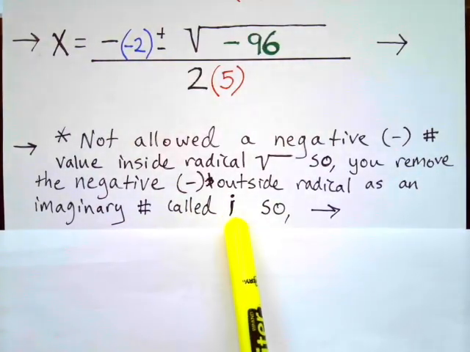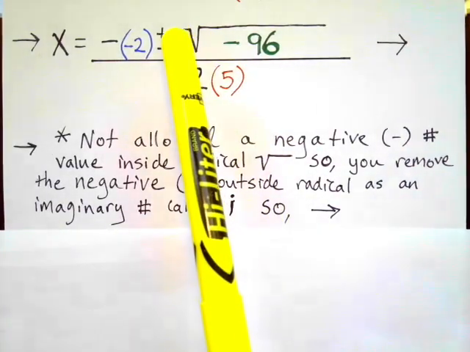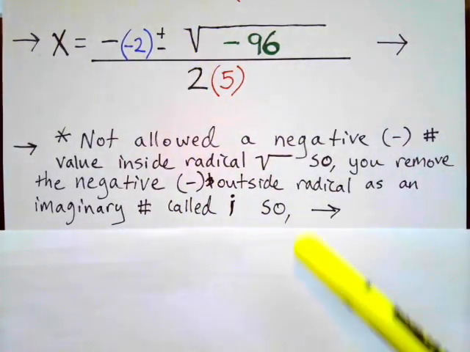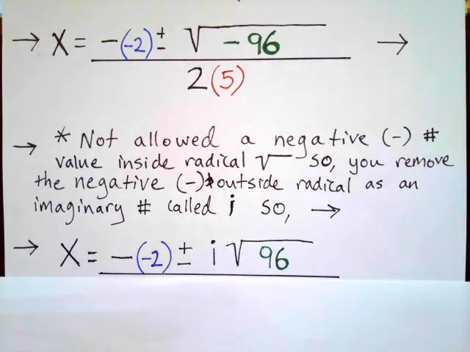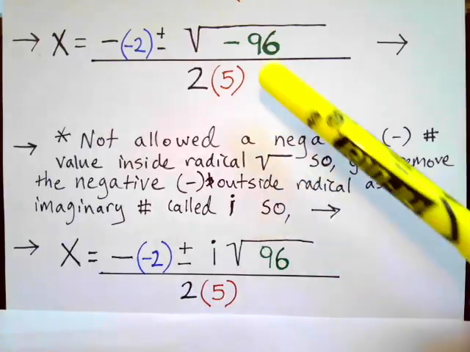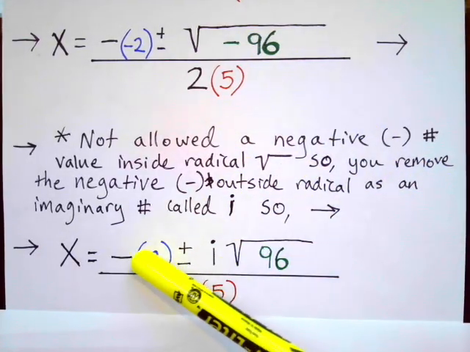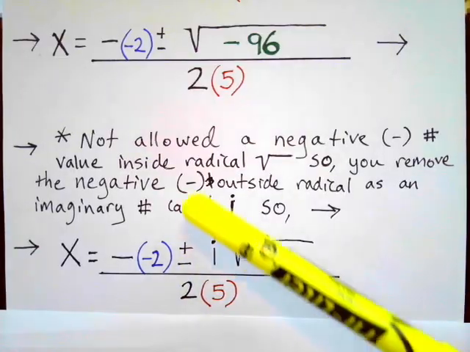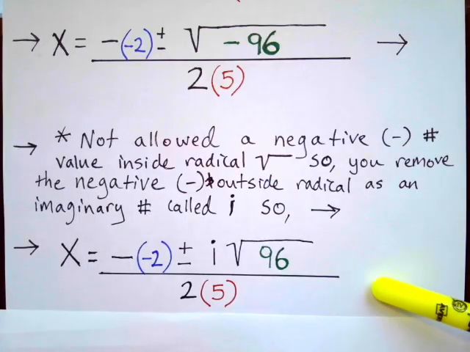It's called i. Right? So we're going to get rid of the negative, and we're just going to put an i right outside that radical, and that takes care of the negative. I'm going to continue to simplify following order of operations after I do that. But here, I want you to take a look. All I've done is remove the negative inside, and I put an i on the outside. Everything else you see here has just been copied down. I just rewrite it in my next step.